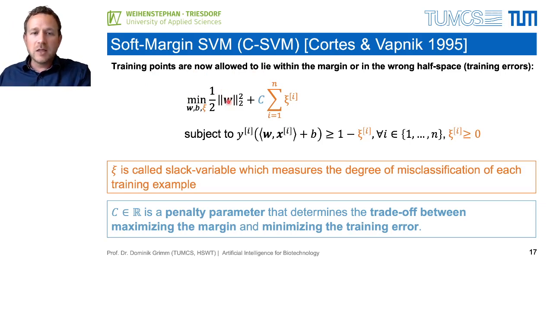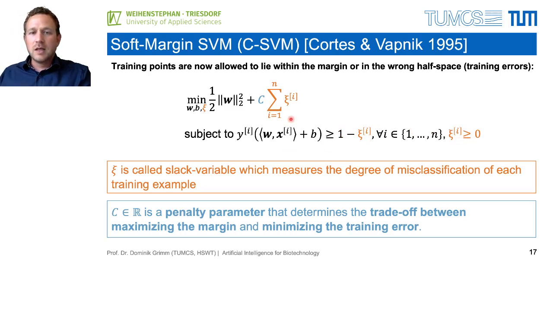And how can we achieve this? By introducing this extra term. We add a new variable, Xi. Xi is a so-called slack variable, plus C times the sum over all the slack variables for all the samples. And here we also extend the constraint by minus Xi, and Xi has to be greater or equal to 0.